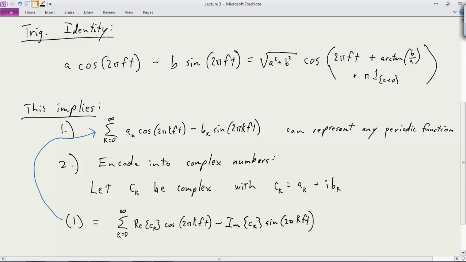So this is equal trivially. We just substituted in what we defined. But we also can say that equals the sum in terms of the polar representation of C. So it equals the magnitudes of CK times cosine 2 pi k ft plus the phase of CK.